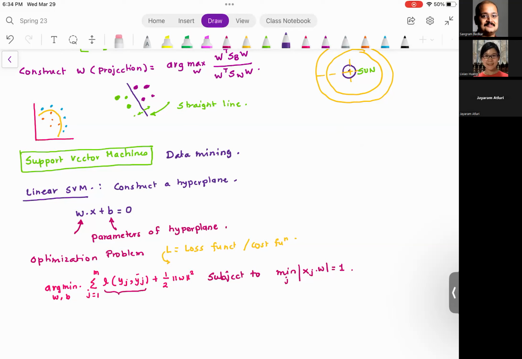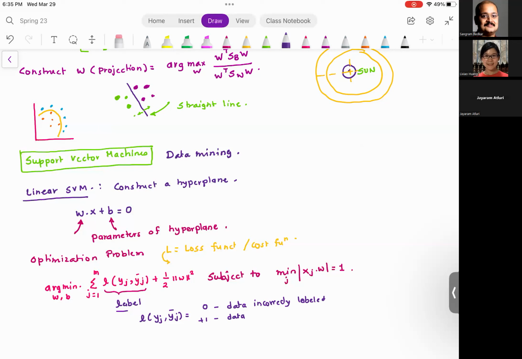So this is indicative of the label, which means you can say that L(Yj, Y bar j) is equal to 0 if data is correctly labeled, or +1 if data is incorrectly labeled.